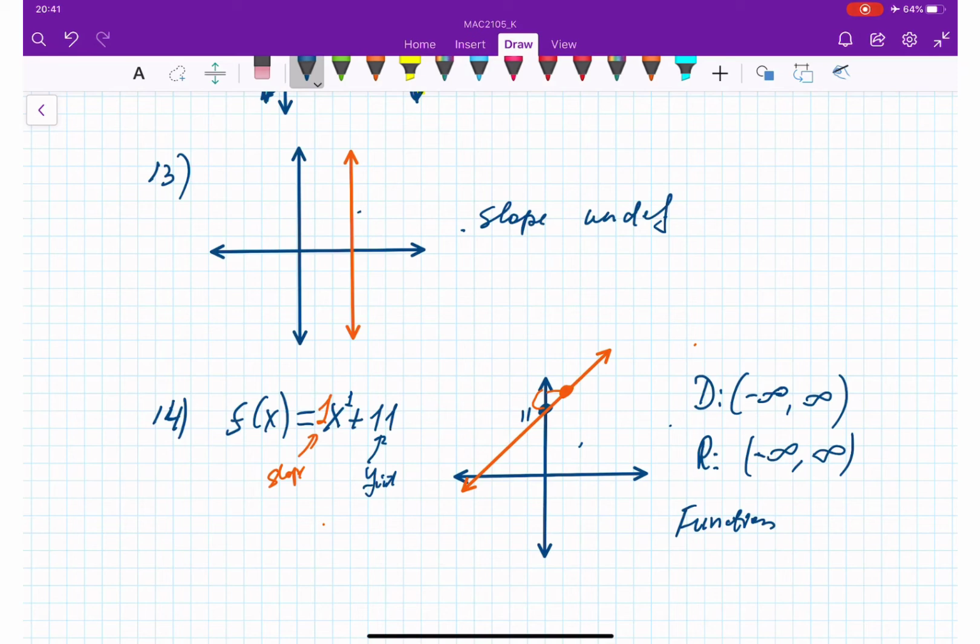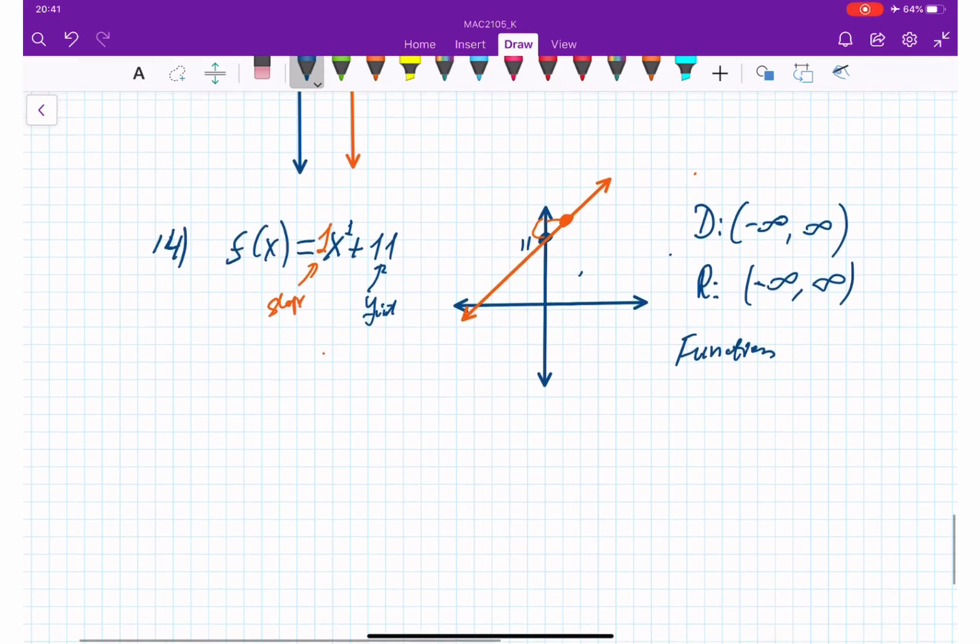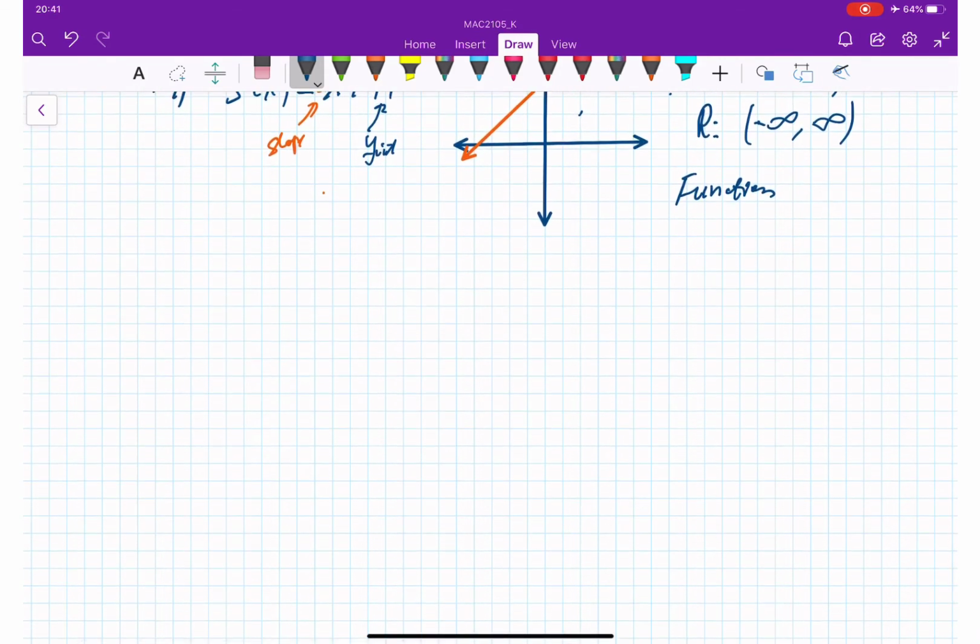Question number 15. So we have in standard form 3x minus 4y equals 24. We need to find the slope and graph it. To find the slope, we need to solve for y from this equation. So negative 4y is equal to negative 3x, right?